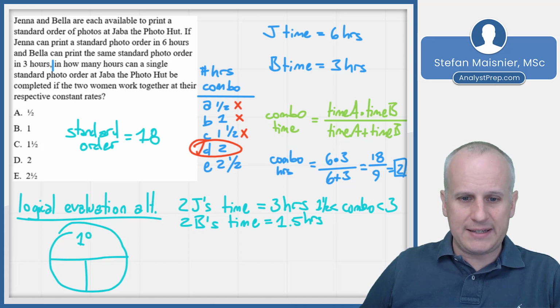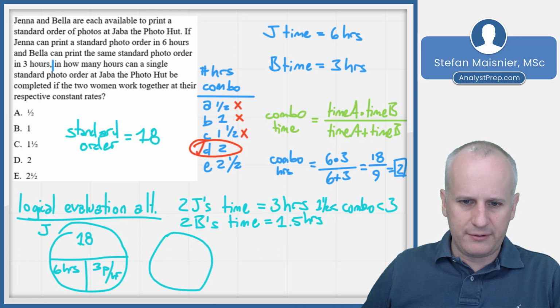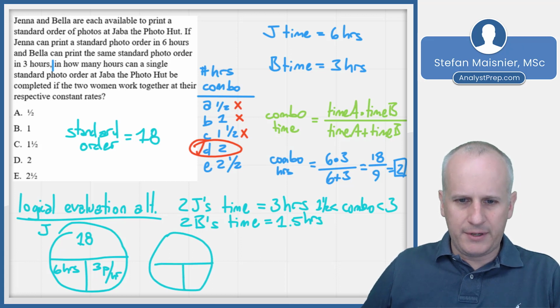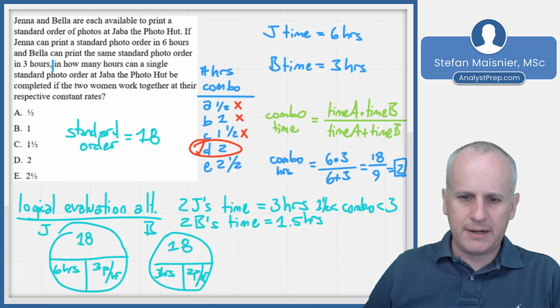So if we did 18, and we'll just have a J structure first, we know J takes 6 hours. So that's going to be 3 photos per hour. And then if we set up another rate circle here for B, it's the same 18 photos. This time it's 3 hours, and that's going to be 2 photos per hour.